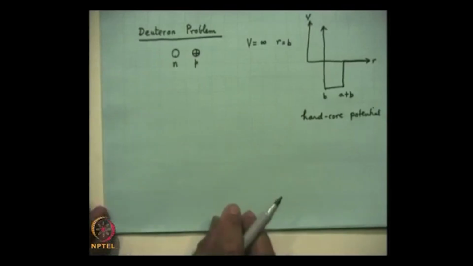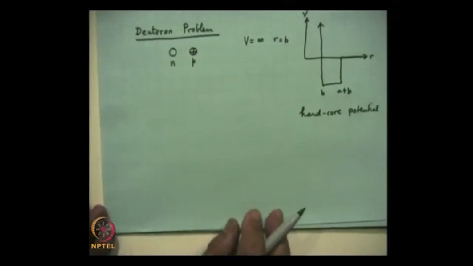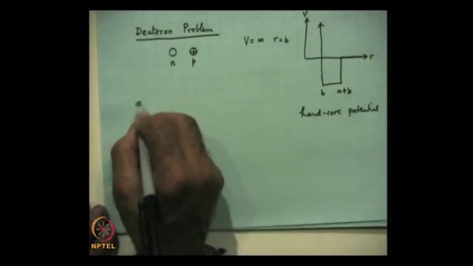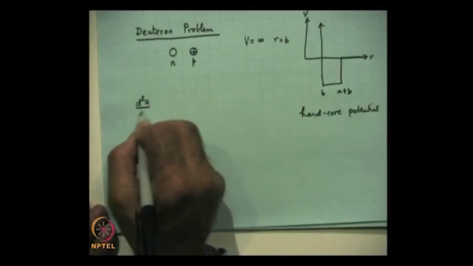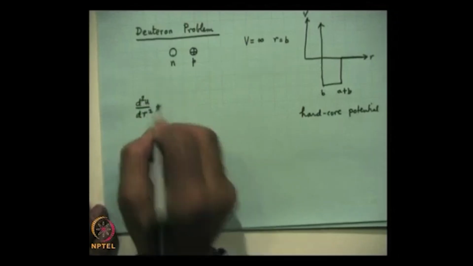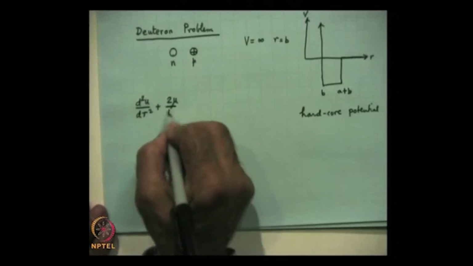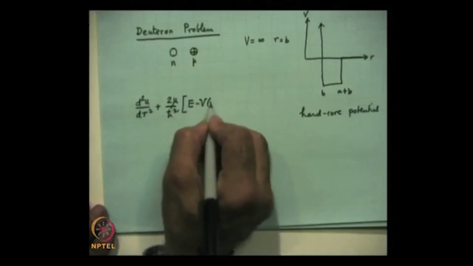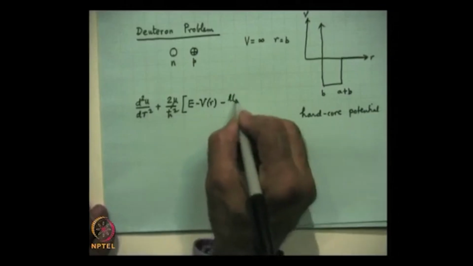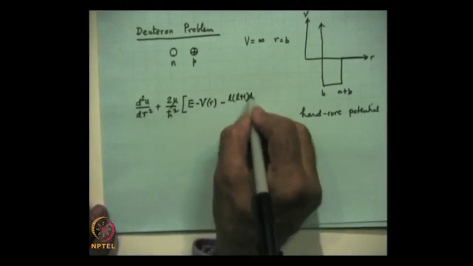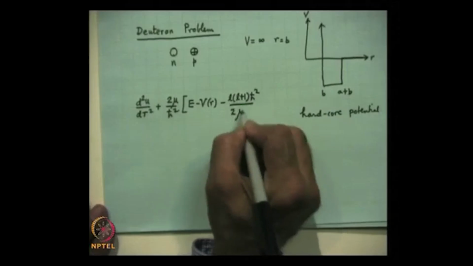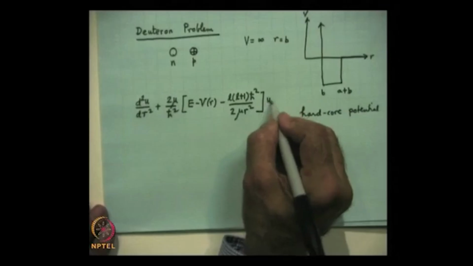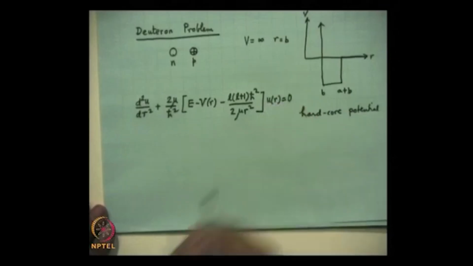So, let me write down the radial part of the Schrodinger equation. d2u by dr square plus 2 mu by h cross square, E minus V of r, minus L into L plus 1 h cross square by 2 mu r square, U of r is equal to 0.